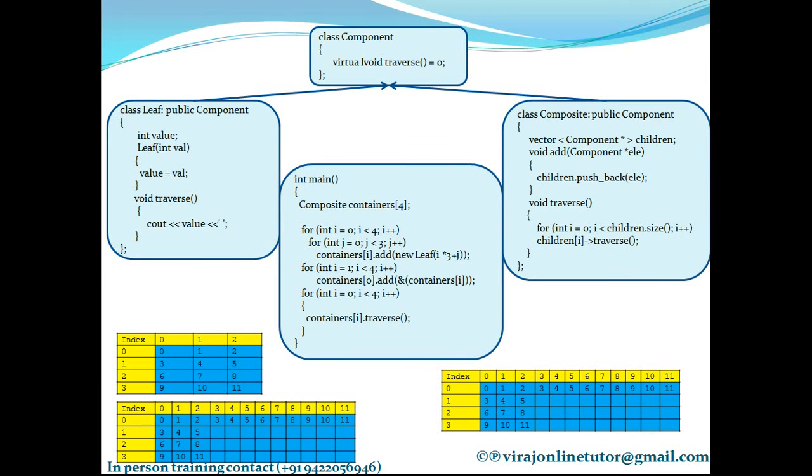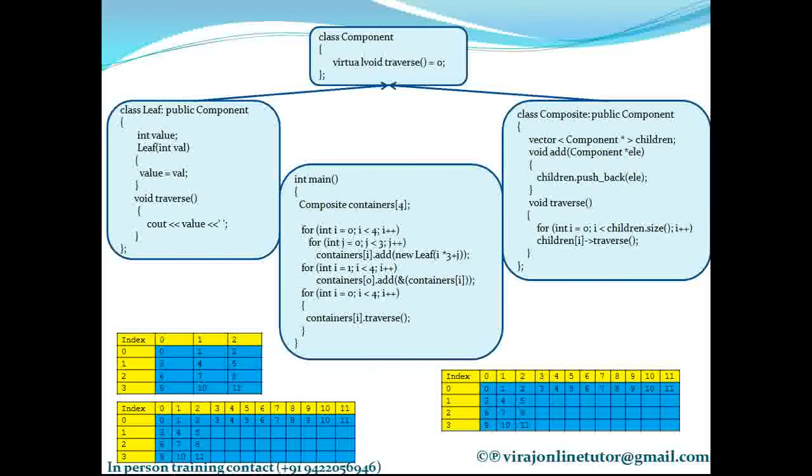What will happen? It will invoke the traverse function of the respective leaf objects. Suppose of these 10 elements, 5 of them were leaf and 5 of them were composite. What will happen? It will invoke the traverse function of the 5 leaf objects and it will invoke the traverse function for the remaining 5 composite objects.